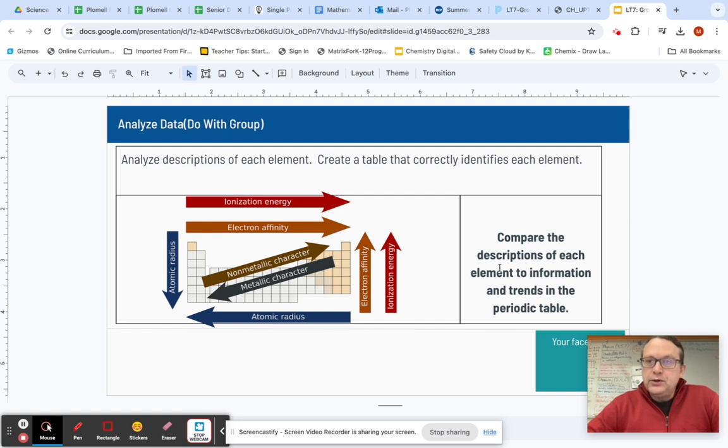Compare the descriptions of each element to the information and trends in the periodic table in your analysis and in your process. Understanding how the general properties of elements go from lower levels to higher levels, and where different types of elements tend to be located based on their character and their sizes.